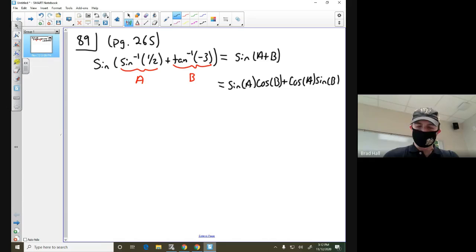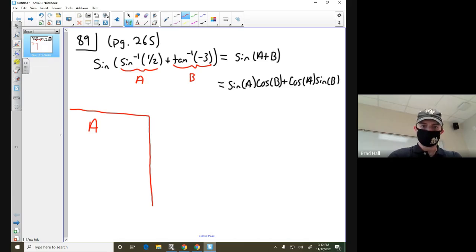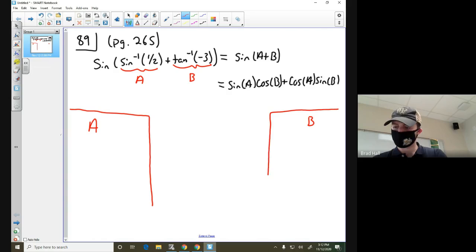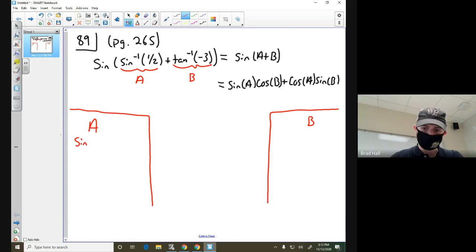So down here at the bottom, we're going to do angle A over here. We'll do angle B over here. So since we have sine inverse of 1/2, set that equal to y. The input is a positive number, which always puts us in quadrant 1.